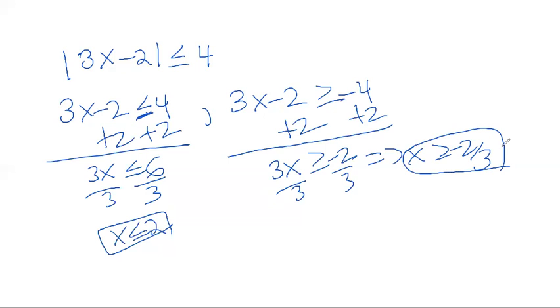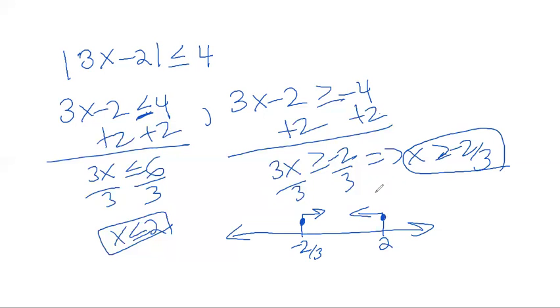So this is where you want to be careful, because since it's an absolute value inequality, you have to be careful to make sure you don't miss any solutions. So if I draw a number line, I have x >= -2/3, so a dot goes like that, and 2, x <= 2.